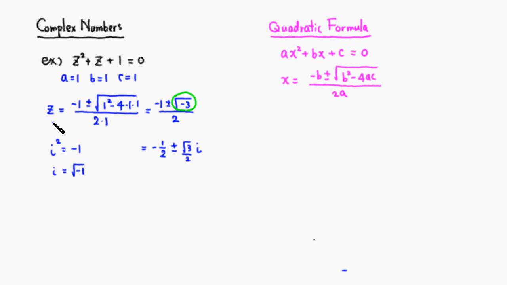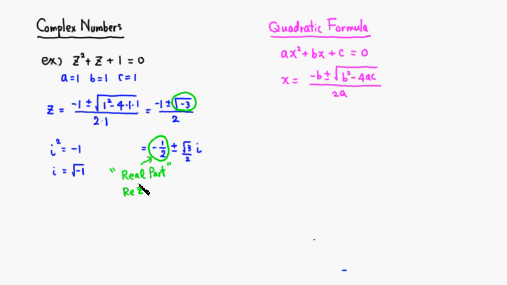So we get this expression, and the number without i here is called the real part. The notation is real part of z.